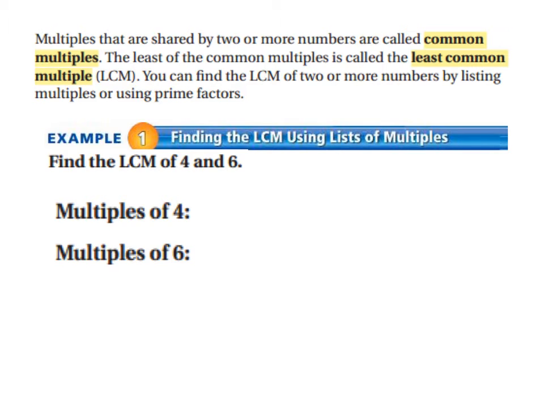In this first example, example 1, we're going to find the least common multiple using lists of multiples. We are asked to find the least common multiple of 4 and 6.